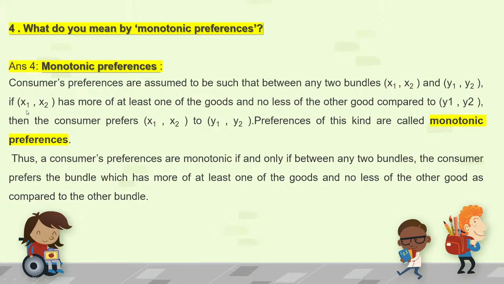So in this situation, where more of both goods are available, consumer preference will go towards x1 comma x2. So the consumer will prefer x1 comma x2 over y1 comma y2.